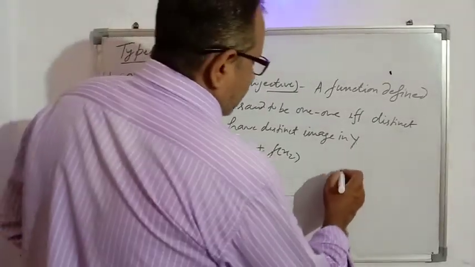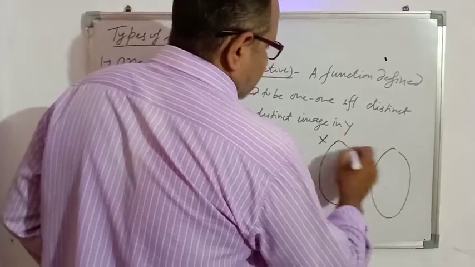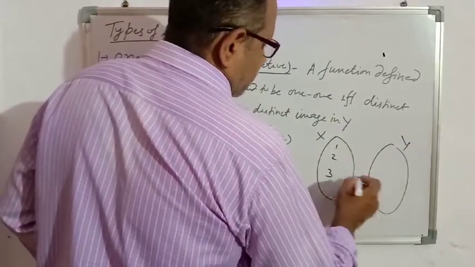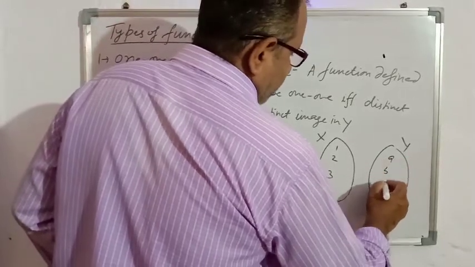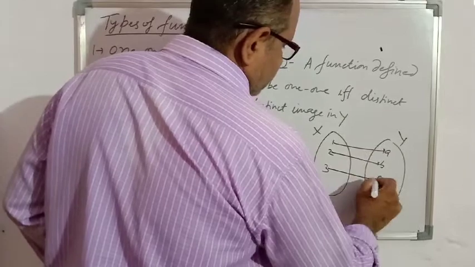With the help of a Venn diagram, we can understand it. Suppose this is set X, this is Y, elements 1, 2, 3 and a, b, c, d. 1 is connected to a, 2 to b, 3 to c.